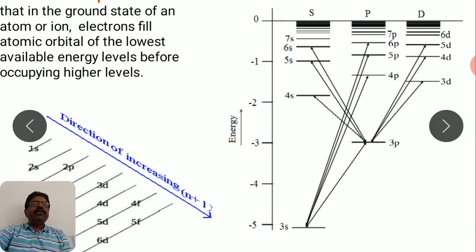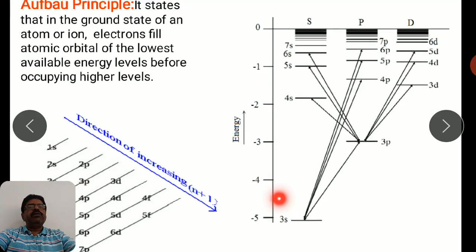Only certain transitions are shown here, not all transitions. That means 3s to 4s is not shown here, and 3s directly to 3d is also not shown here. So what is the reason? We are going to discuss that just after this slide.